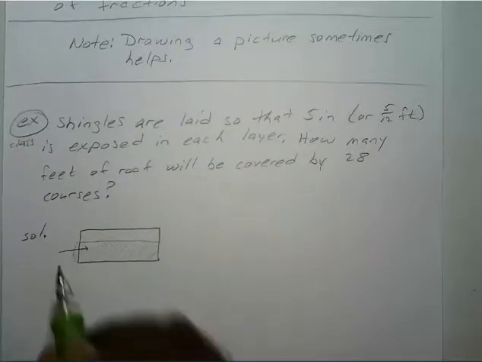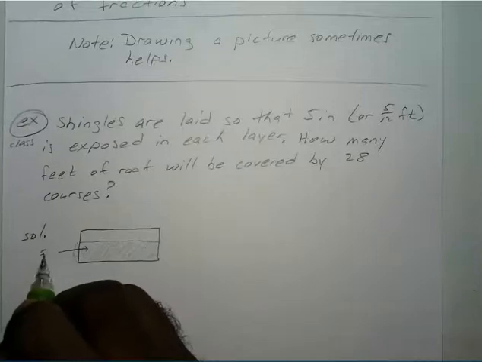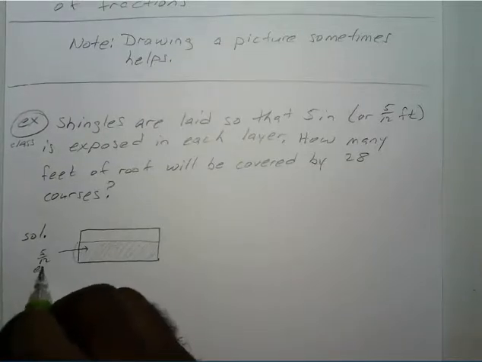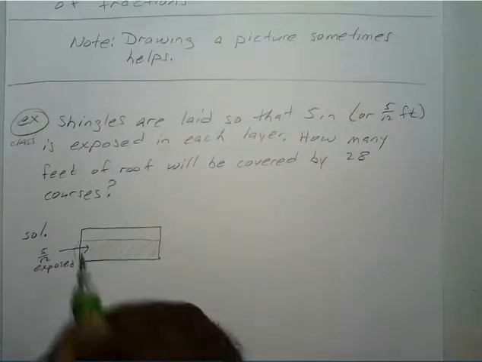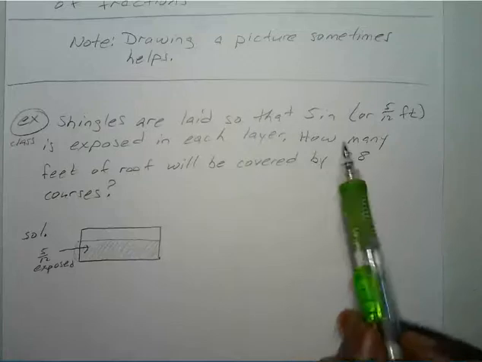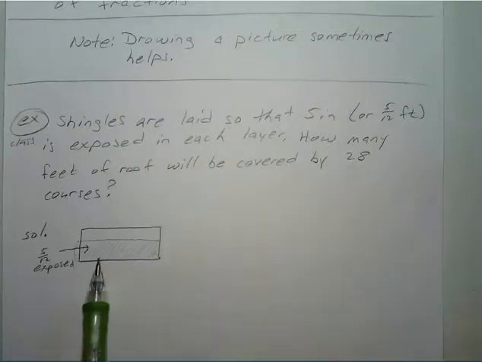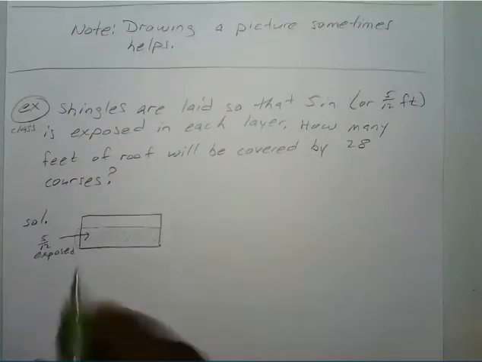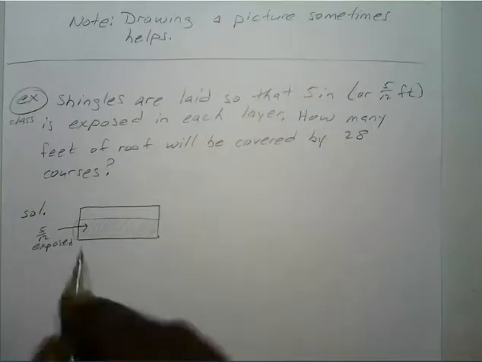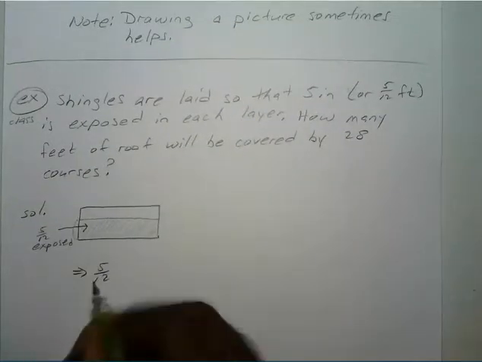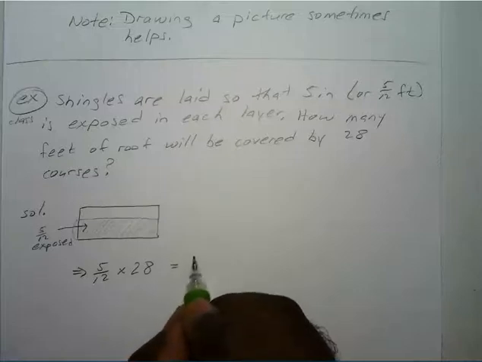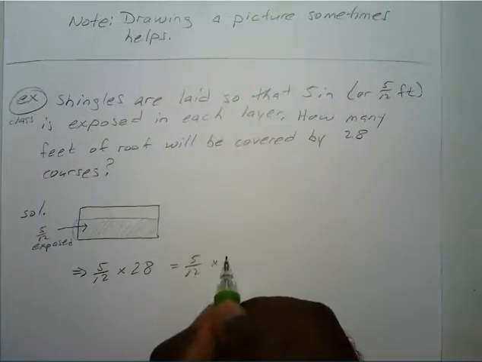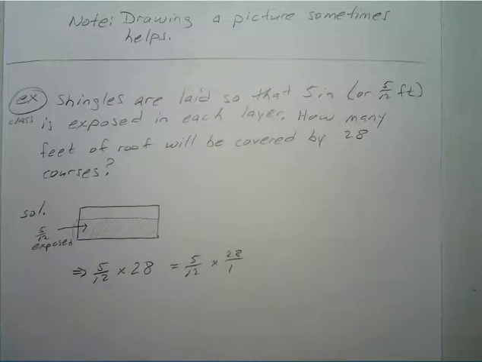This entire section here is 5/12 of a foot. That means we have 28 courses, so we have 28 of those. So we are looking for 5/12 times 28, which we can rewrite as 5/12 times 28/1.